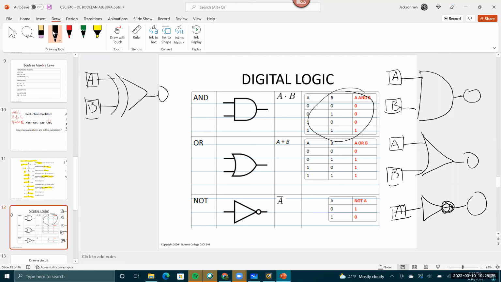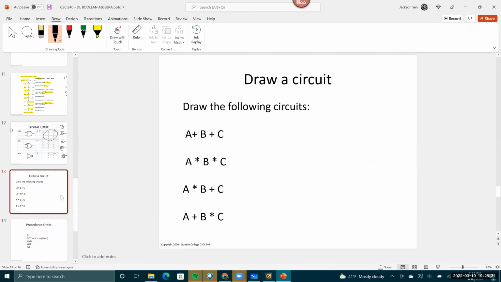Okay, so this is drawing a single gate. When you have more than one gate, that's where you have a circuit. So let's draw some of these circuits. So A or B. Circuits, by default, when all the gates are the same, you go from left to right. So these are 2 OR gates.